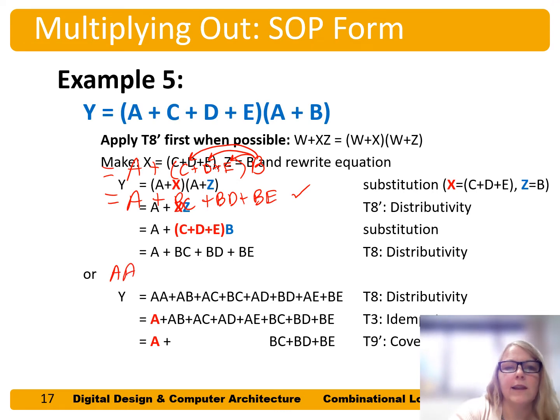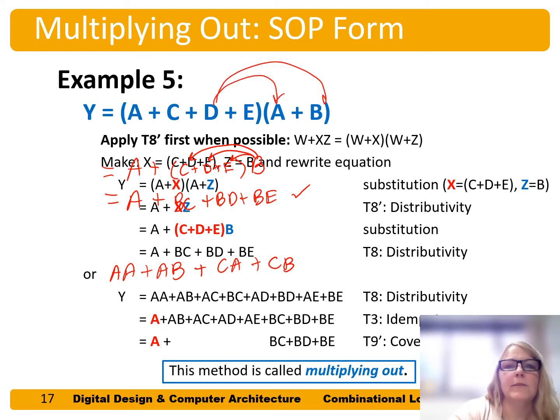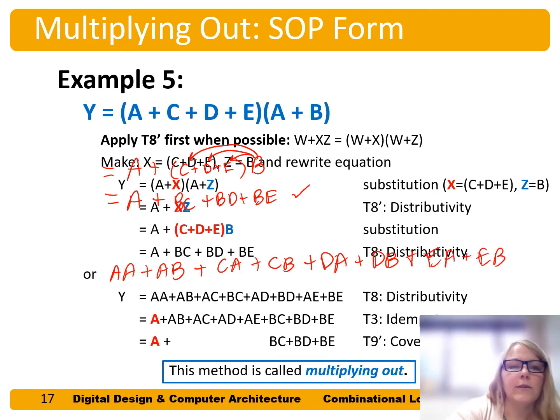So A, or A and B, or C and A, or C and B, or D and A, or D and B, or E and A, or E and B. That first term is going to just become A using idempotency.